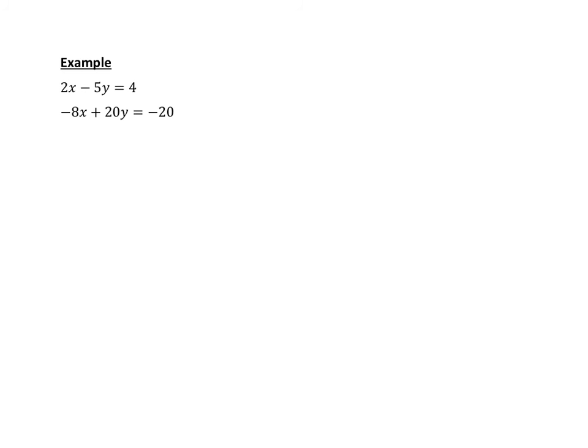Alright, one more time. So if I had this one, 2x minus 5y equals 4, and negative 8x plus 20y equals negative 20. Well, what I would actually try and do here is maybe cancel the x's out, because if I multiply the top line by 4, that's going to give me a positive 8x to cancel with that negative 8x.